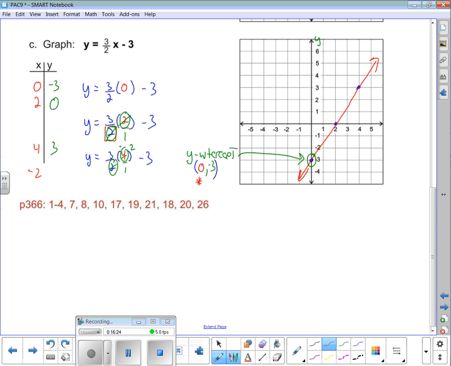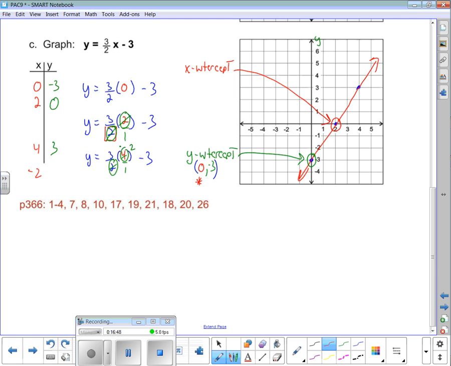All right, there's one other point of interest, and that's this point right there. So if the other one was the y-intercept, this one must be the x-intercept. And it's right there.